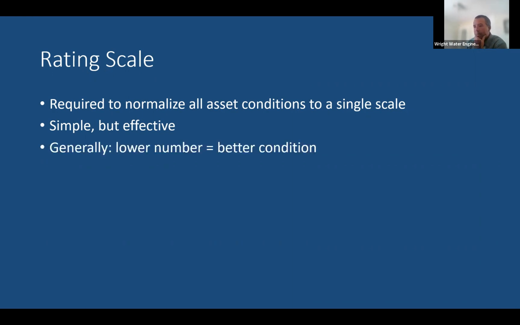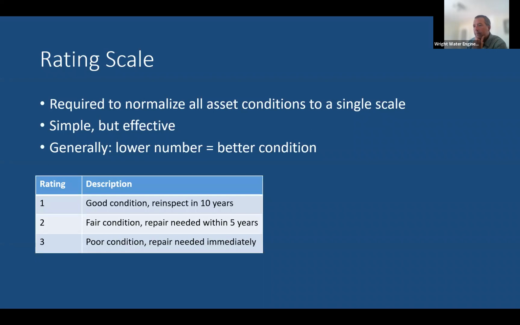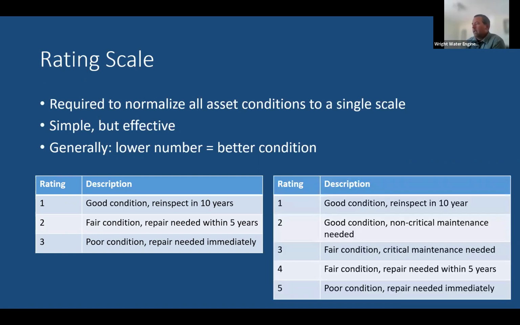And I really like to start simple, and generally what you would do is apply a lower score to mean a better condition. So you might start simple with just a 1, 2, or 3 rating level. 1 would be good condition and you don't need to reinspect for another 10 years, versus a 3, which may be a poor condition and need immediate repairs.